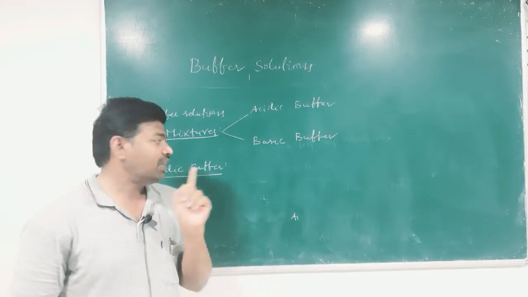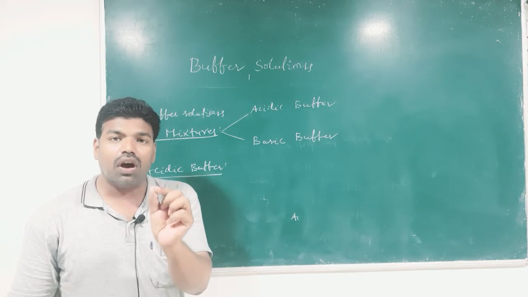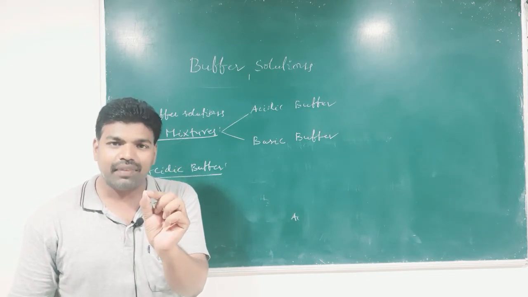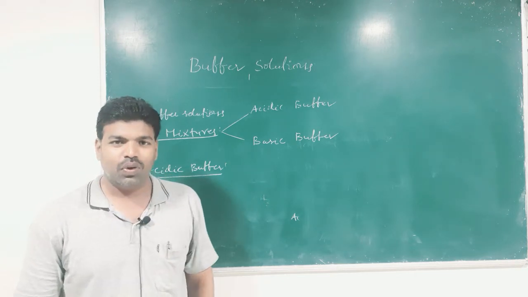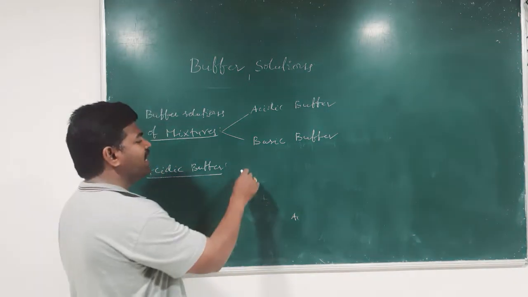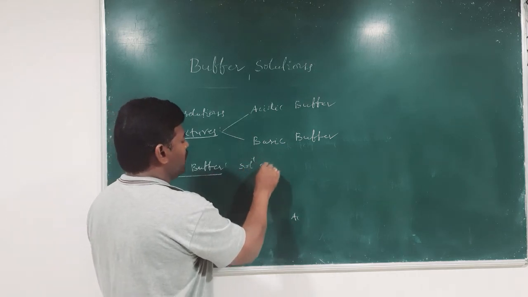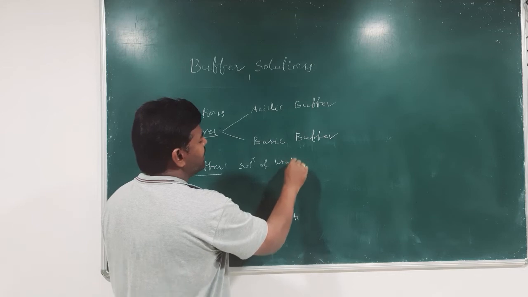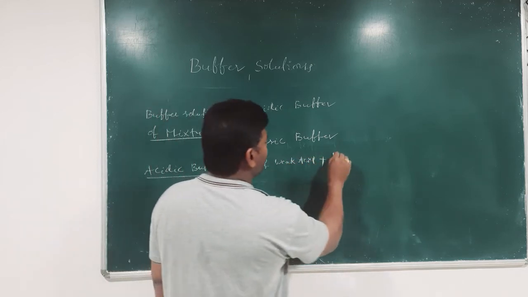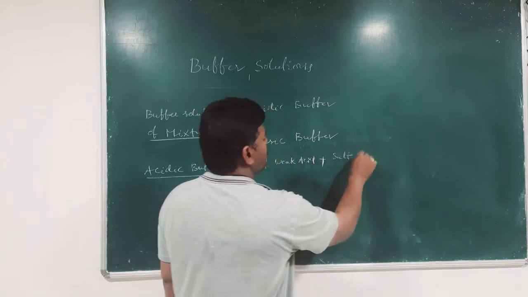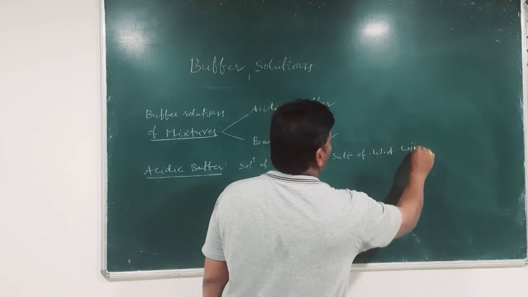I repeat, an acidic buffer is a mixture of a weak acid and a salt of the weak acid with a strong base.